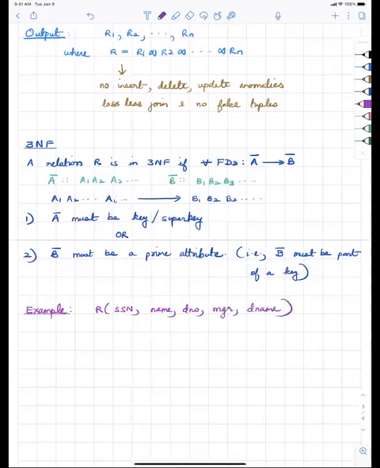Okay, so we go back and look at our example, the social security number, name, D number, manager, and D name. And we are given the following functional dependencies. I'm going to use the short notation that's given in the book, a kind of diagrammatic notation.